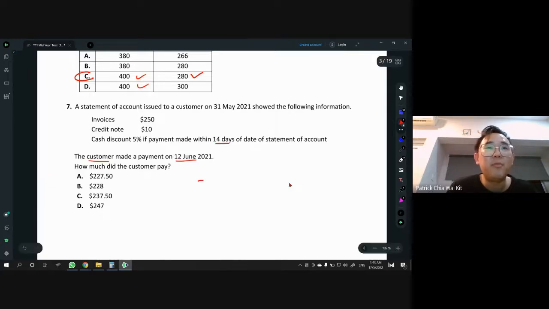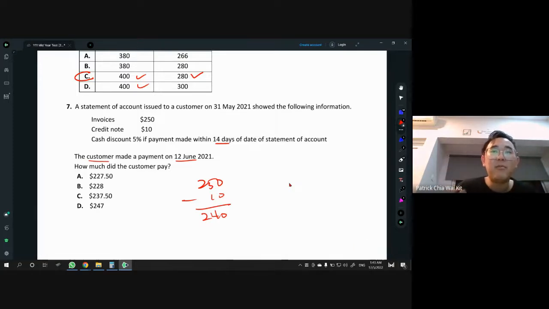All right, so 250 invoice. Okay, so start owing, and then after that, there's a credit note. So what happened to the credit note? You will minus $10. So therefore, 240 still owed. And since she paid this amount within 14 days, 12th June, she is also entitled to 5%. So because the question asks how much did the customer pay, just take 240 and you can either minus 5% or times it by 95%, and then you get the answer.